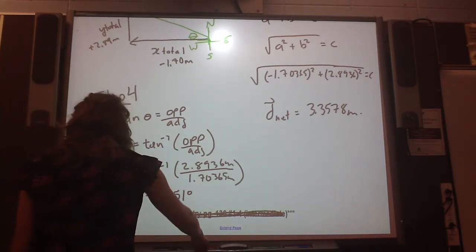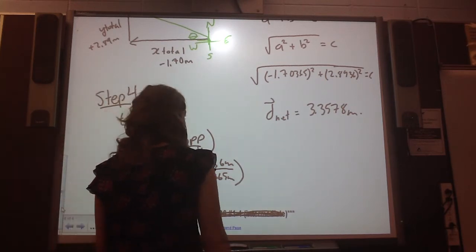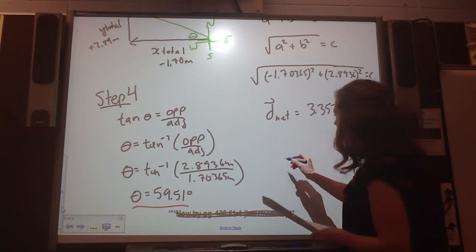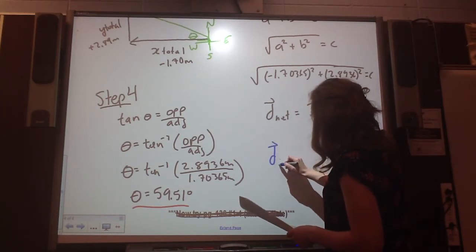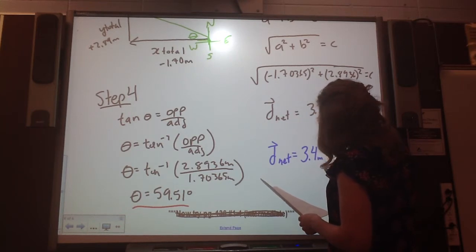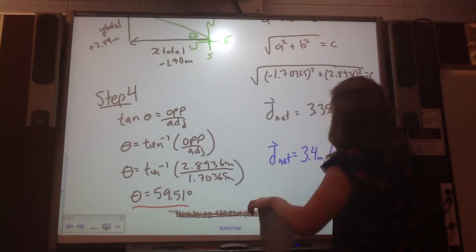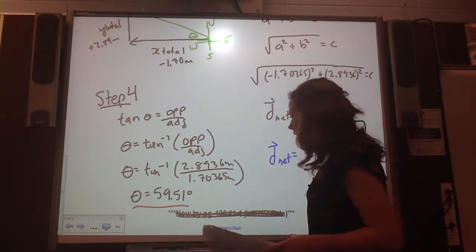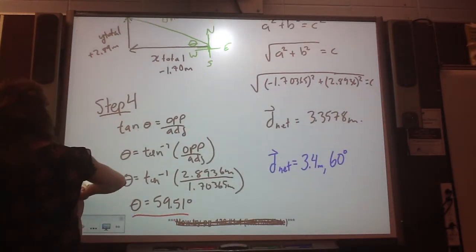Now I can write out my actual answer. So my actual answer to this question is D, displacement net, is equal to 3.4 meters, 60 degrees, because I'm going to 2 sig digs, so I'm rounding up, 60 degrees. And now how do I find my directions?